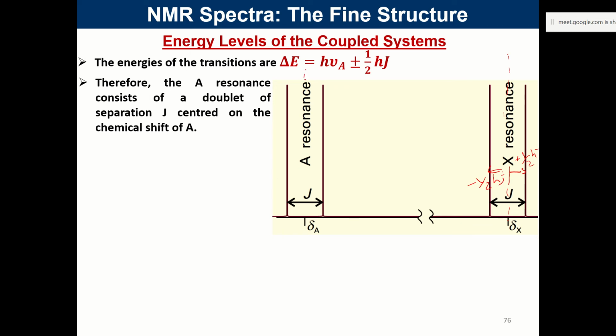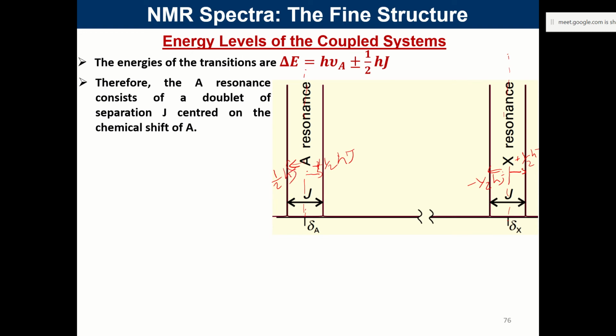Initially, if the A nucleus was alone, there was no X interaction happening, and it appeared here. Now because of this interaction, one line appears at plus half hJ and the other at minus half hJ.